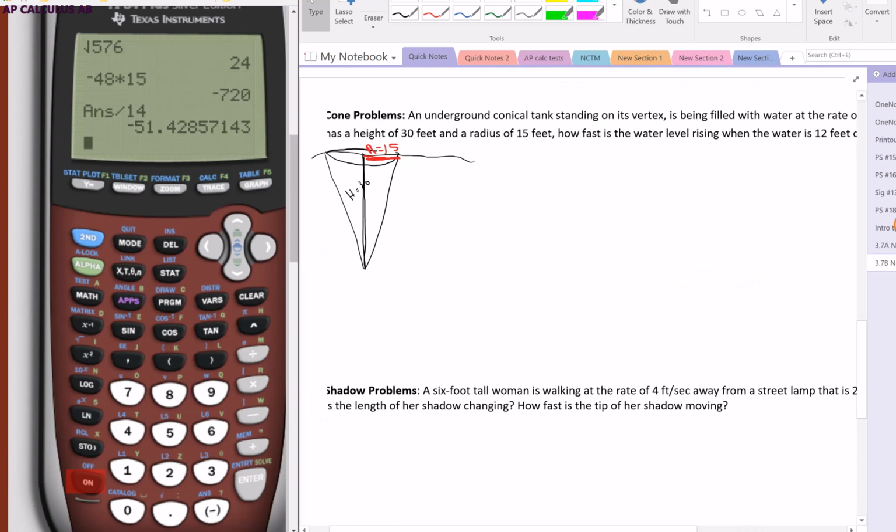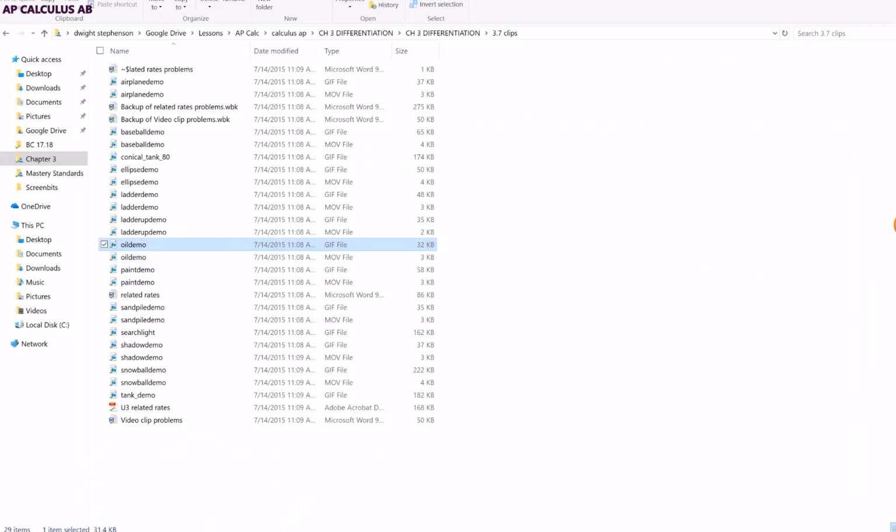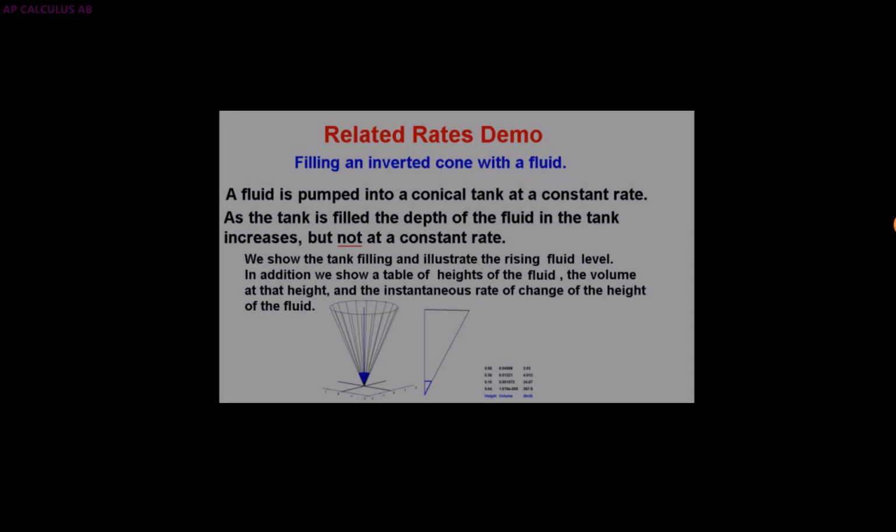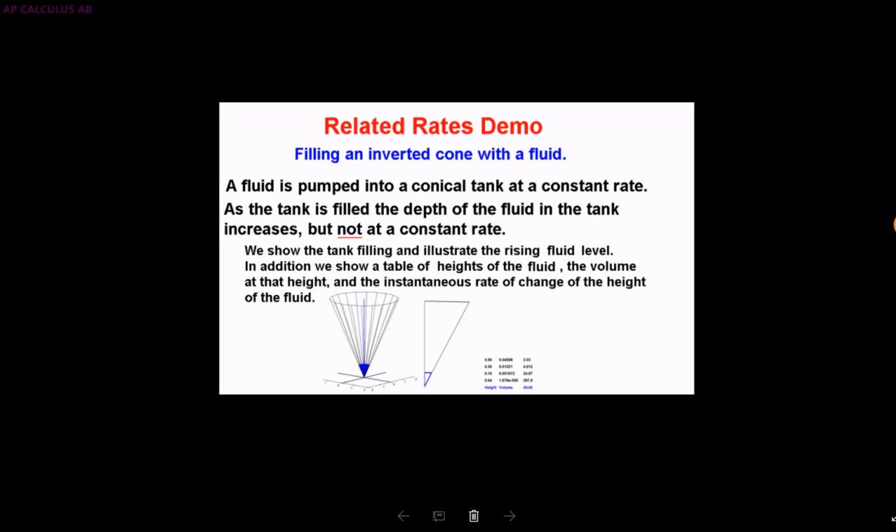All right, before we start that, let's do a little animation of this cone so you can see what it looks like. You have a cone like this, and we are filling up the cone with water. I guess it's not going to show up.